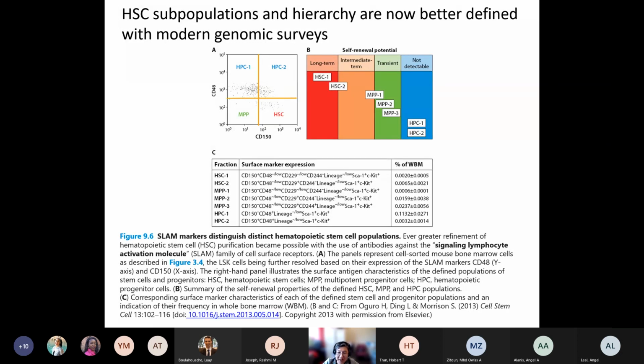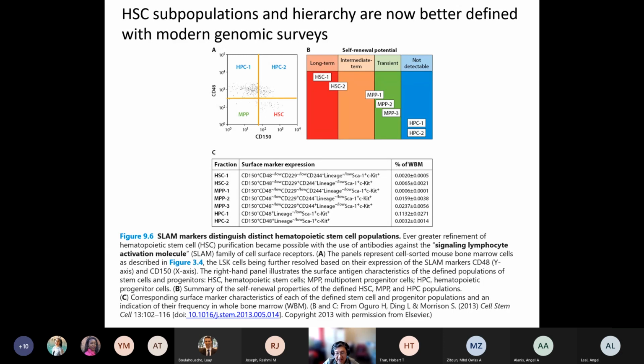So basically, what he did is a macroarray. He captured the cells of different potential: the cells that have long-term stem cell property, short-term stem cell property, the cells that can only proliferate and don't have stem cell property, and the cells that are further differentiated. He put those cells through macroarray analysis.